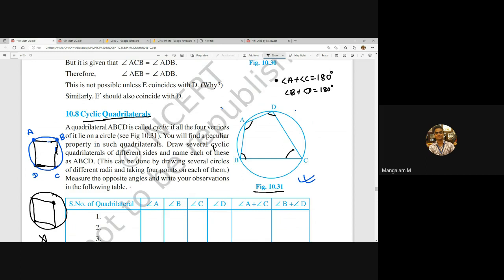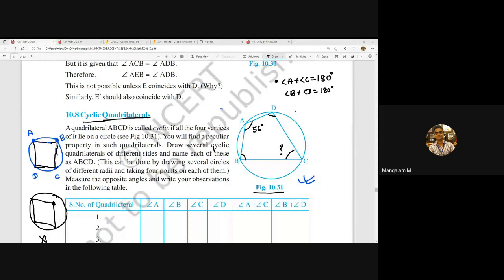If I say that angle A is 56 degrees, then what will be the measurement of angle C? Please type your answer in the chat box. It is given that ABCD is a cyclic quadrilateral, right? And the measurement of angle A is 56 degrees.